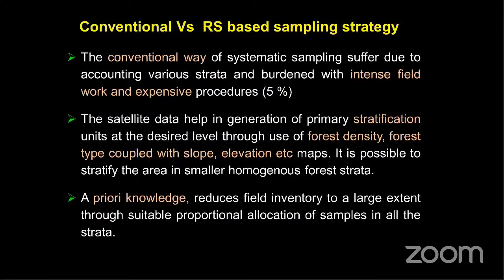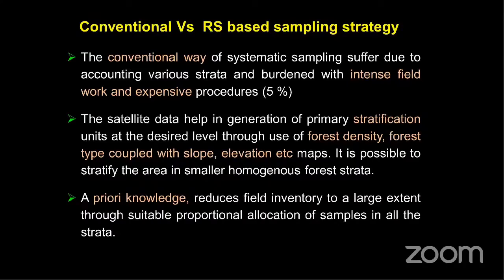What we do conventionally, as in the example I just showed, is simple systematic sampling. Systematic sampling suffers due to various strata, is burdened with intensive fieldwork, and is also very expensive. However, when we use satellite data and geospatial technology, particularly for stratification, we use remote sensing data.